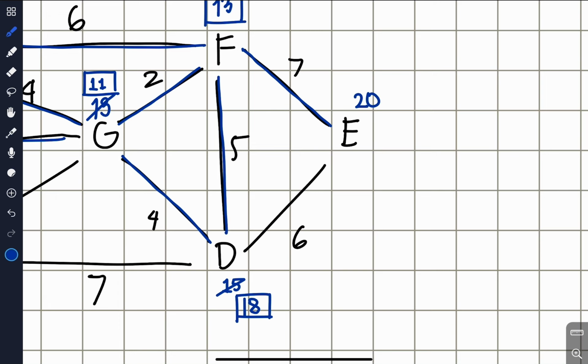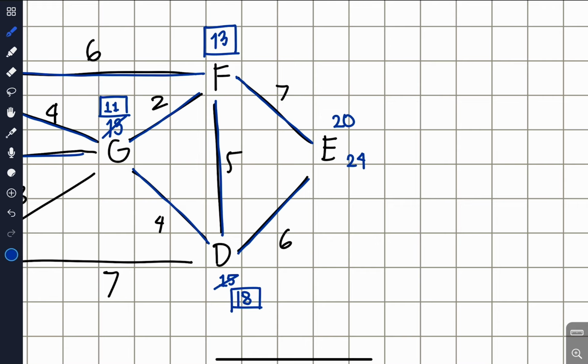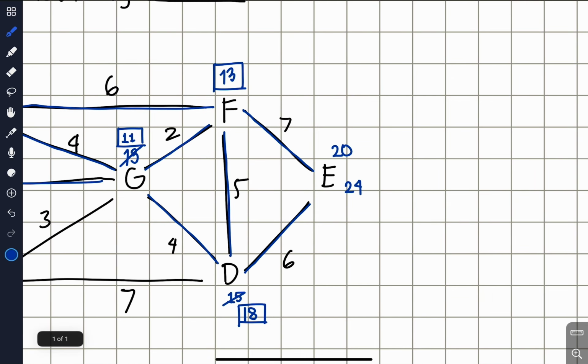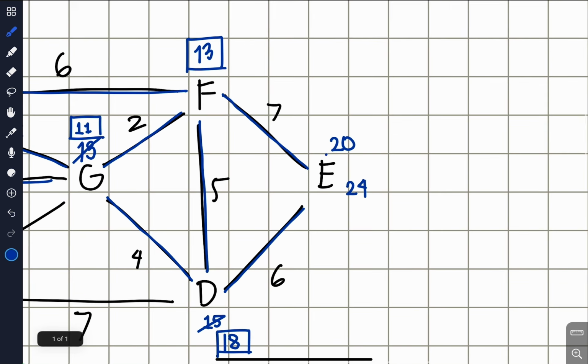So from D to E we have 18 plus 6 is 24. So we can see that there are two possible paths you can take in order to reach E. Let's say you can choose from point F or point D. If you choose to go from point F, you will have a distance of 20.